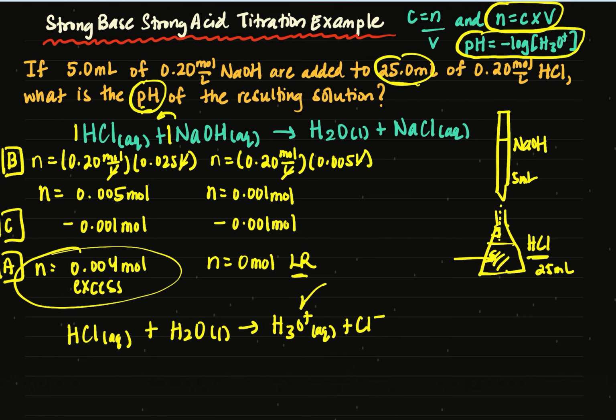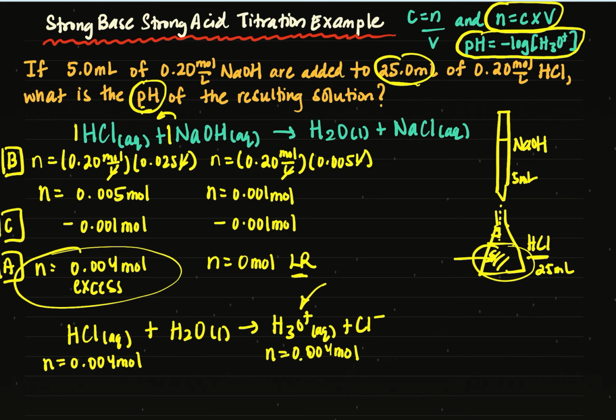So I really want to know how much of this I have in my flask. What I do know is that I've got 0.004 moles of HCl. Because it's a 1-to-1 ratio with the hydronium, I have the same amount of hydronium. HCl is a strong acid, remember, so it will produce full hydroniums.